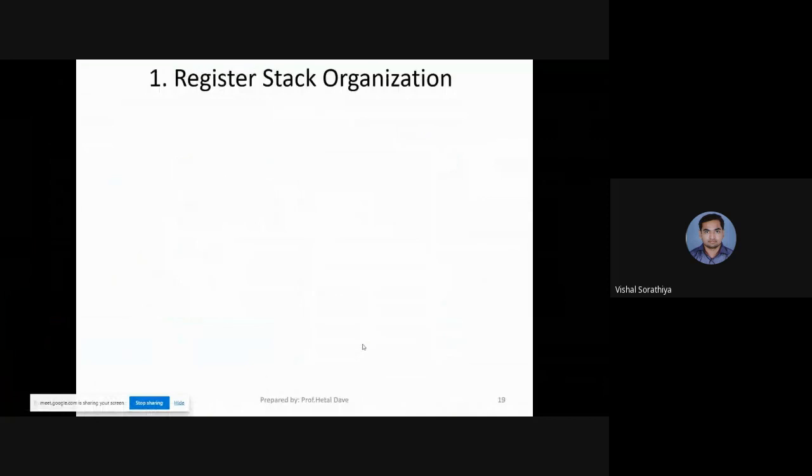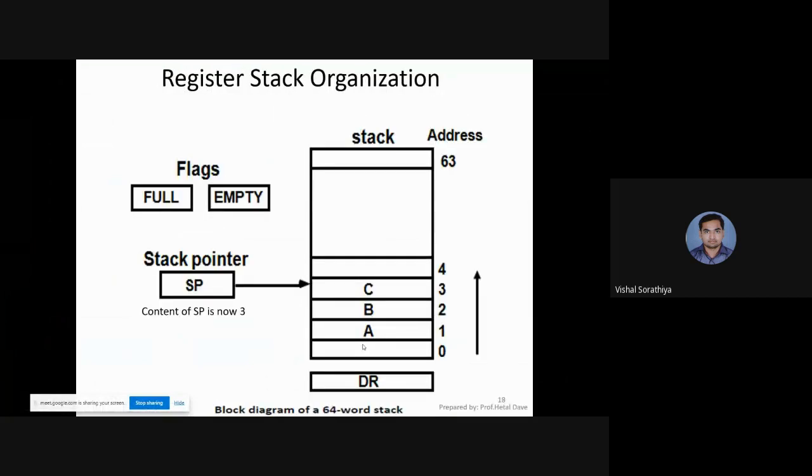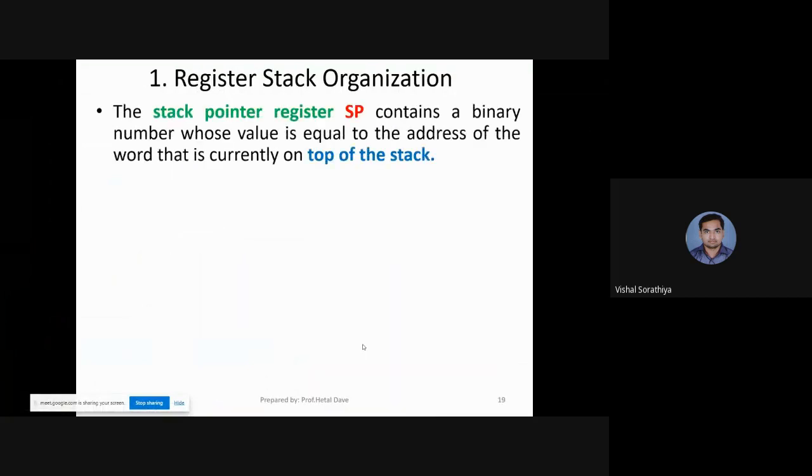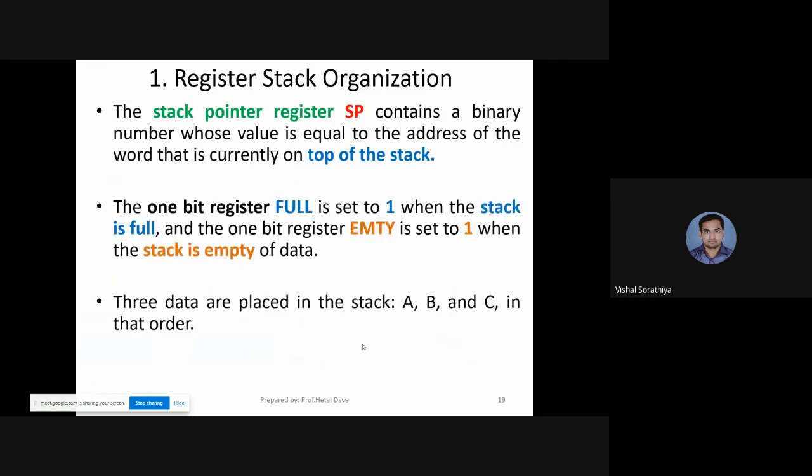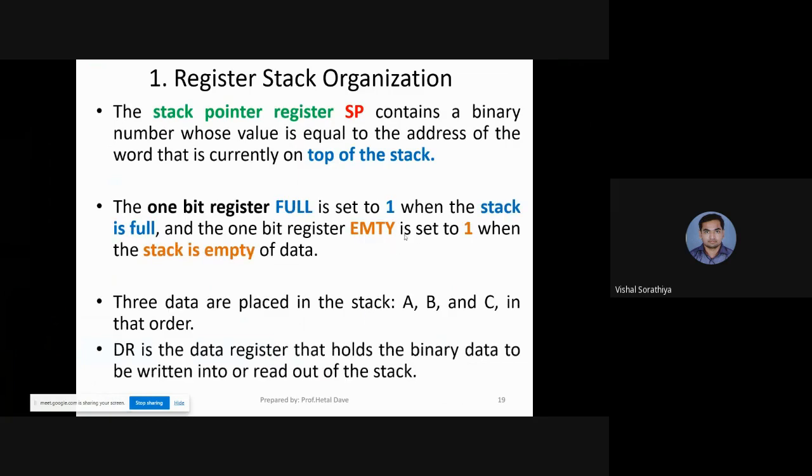So this is the overall register stack organization. Now in the same topic, there is an example. The stack pointer contains a binary number whose value is equal to the address of the word currently on top of the stack.